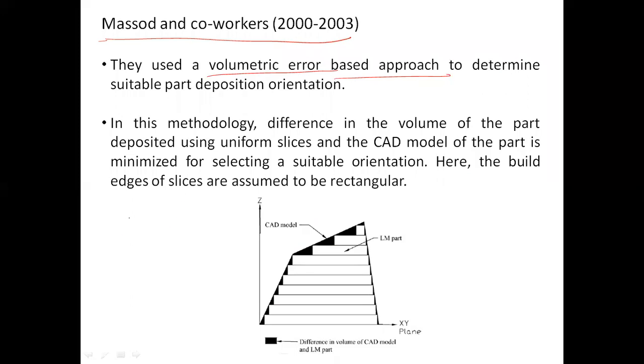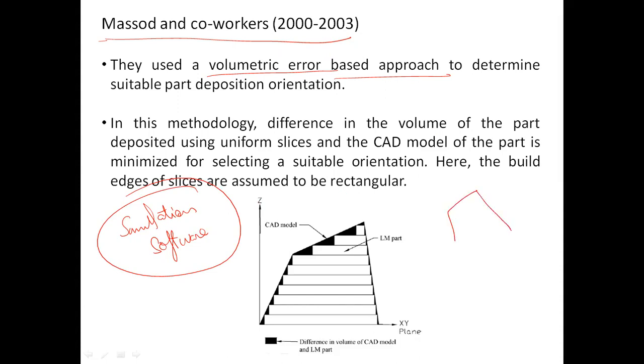Generally, what you would have is a simulation software, something like what we use as of today. We have simulation softwares where we observe the complete fabrication process. So using the simulation software, I can very easily find, if this is the part I have, what is the volume of the CAD model, and what is the volume of the simulated model.